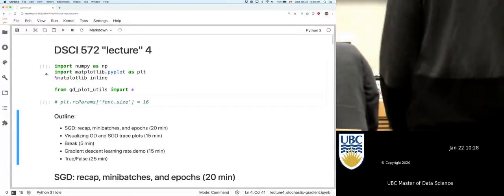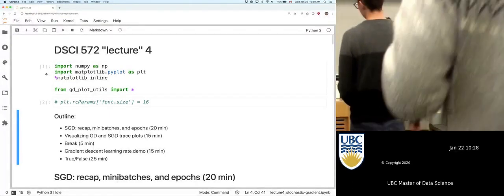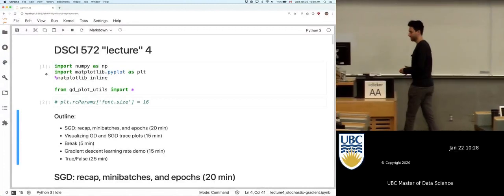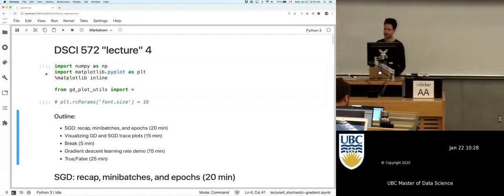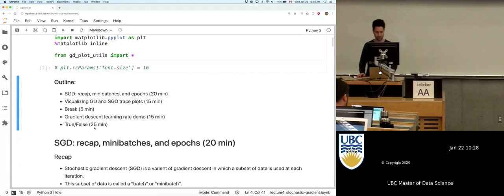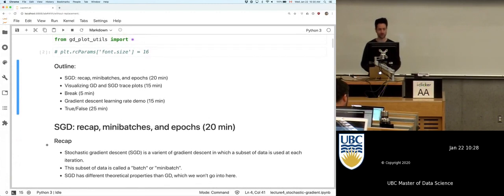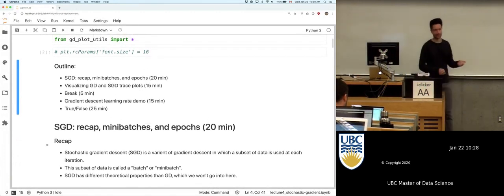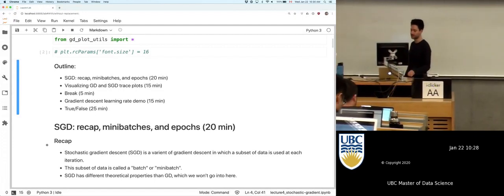I'm assuming most of you have watched the video on stochastic gradient, and what we're going to start with is a sort of recap, but we're not going to do the full treatment of it. So, what is stochastic gradient descent, or I'll just call it sometimes stochastic gradient?